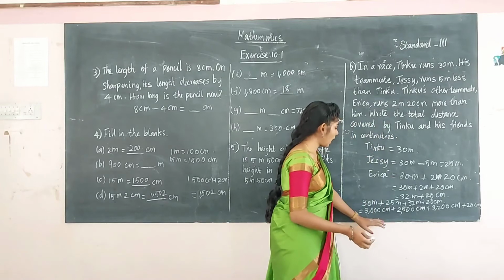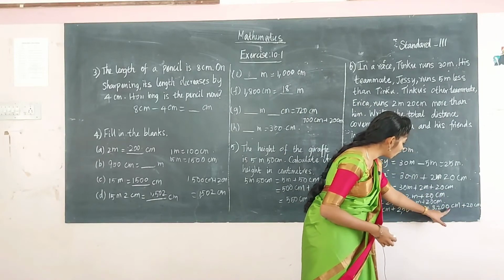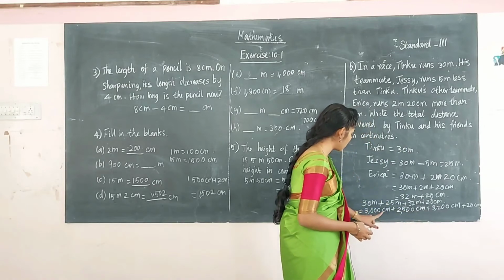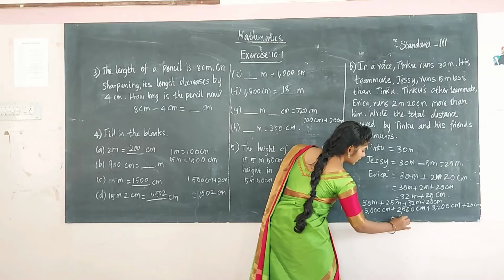So now we have to add all the numbers. So first the ones place: 0, 0, 0, 0. So the last digit of the answer will be 0. We have to write in centimeters.